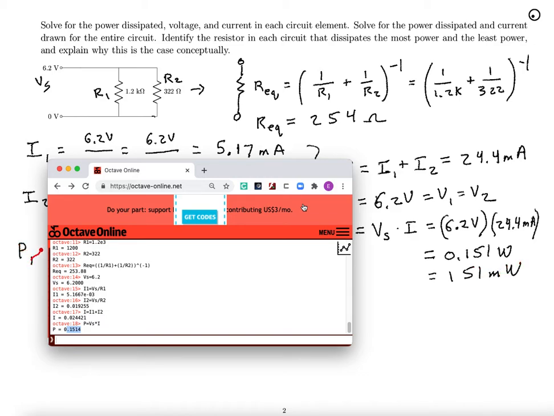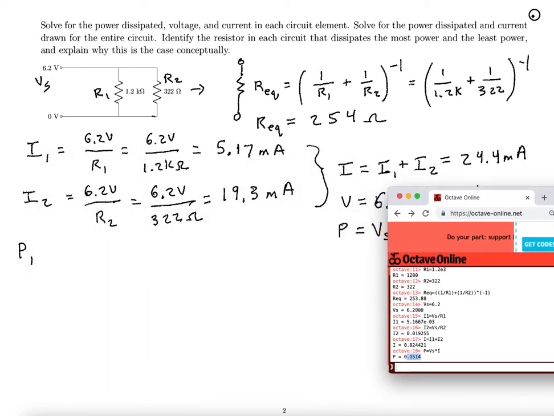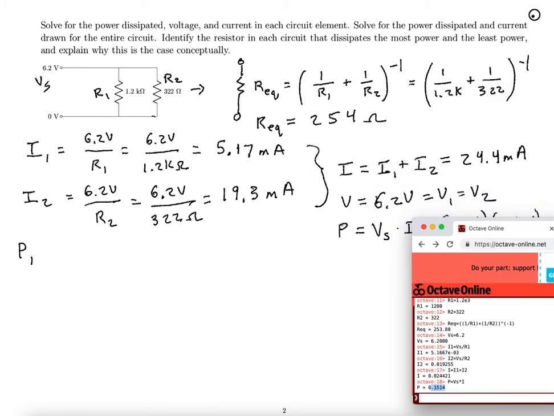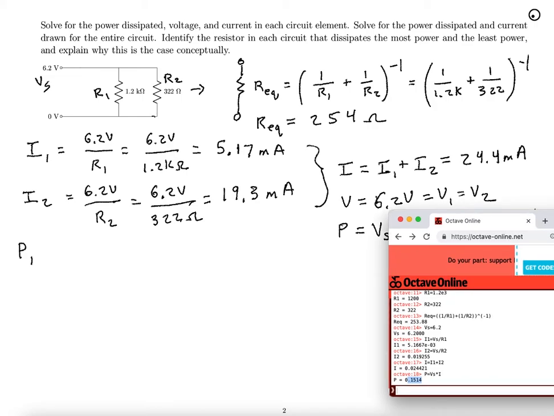P1 will be I1 squared R1, and P2 is I2 squared R2.